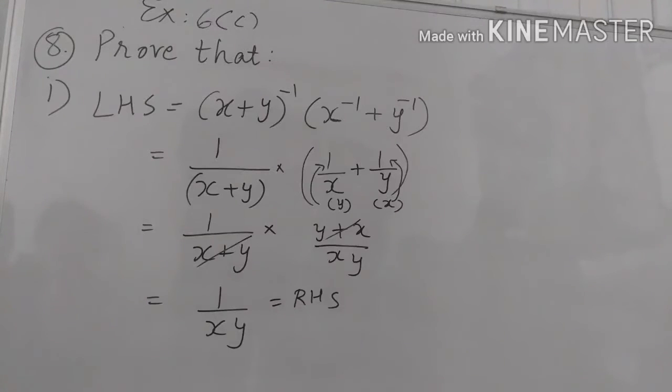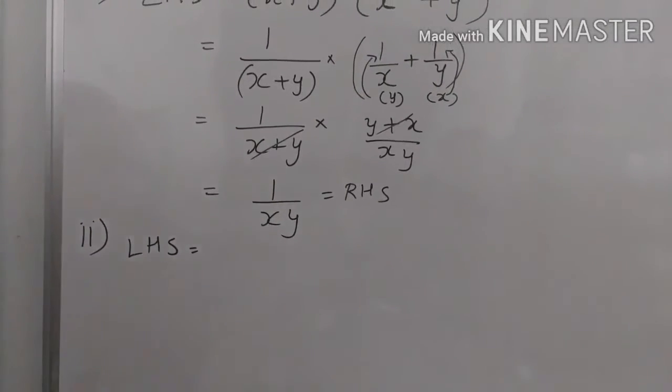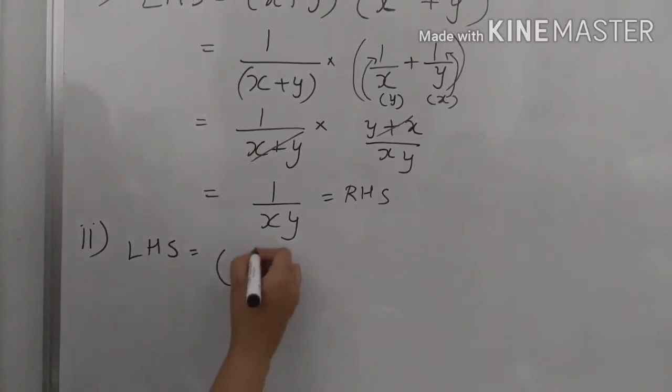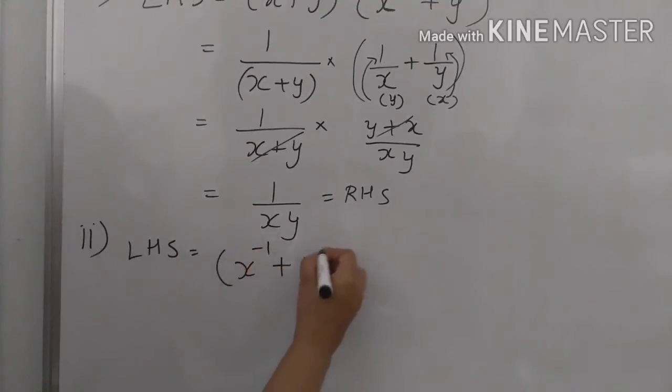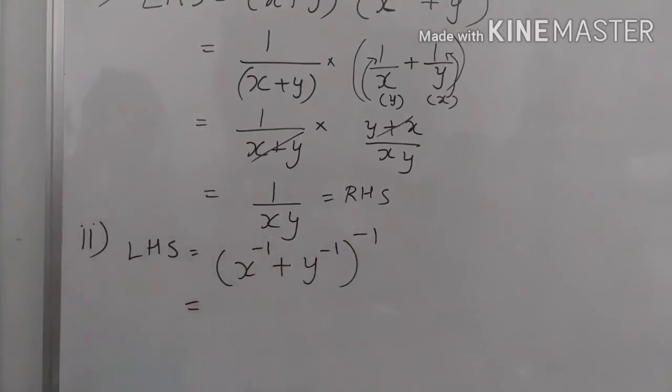We will use it. Now we write the second part of this question, in which I write the left hand side first. So the left hand side is, in the bracket, x raised to minus 1 plus y raised to minus 1, whole power minus 1. Now first of all, I will solve the bracket. So this is 1 by x plus 1 by y whole raised to minus 1. This minus 1 I have not converted yet.